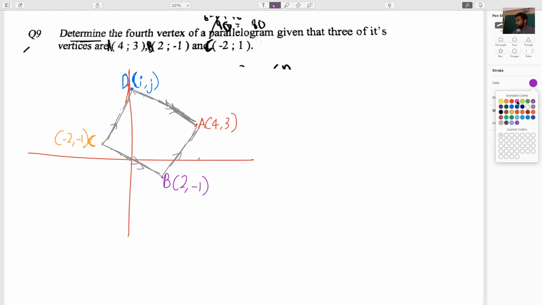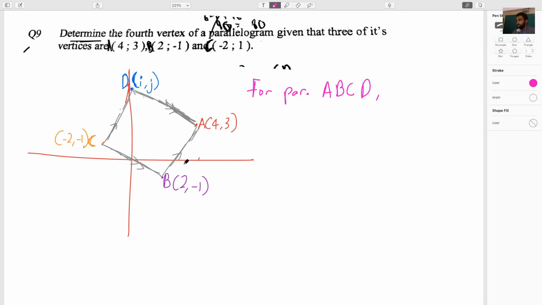For parallelogram ABCD, the x component of the BA vector is equal to the x component of the CD vector.